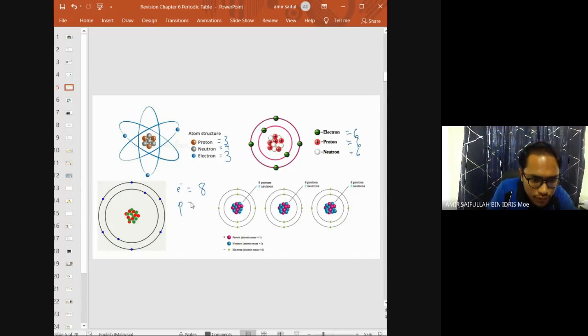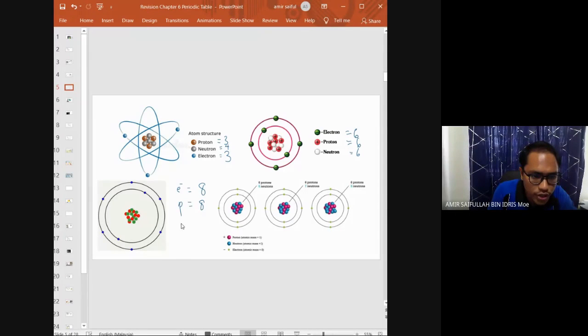Proton, how many? P. 1, 2, 3, 4, 5, 6, 7, also 8. Neutron, how many? Also 8.